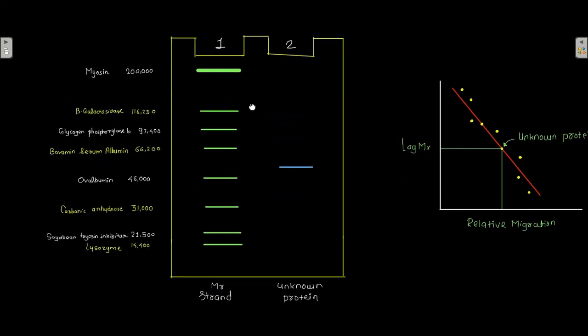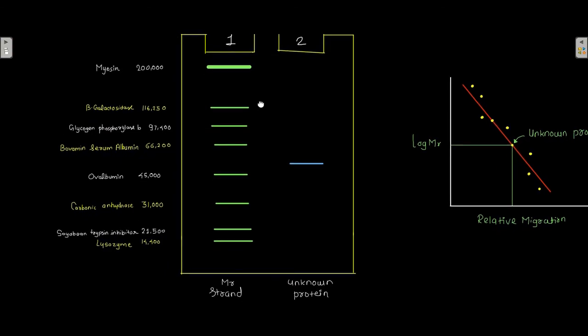Okay, this is your gel. This is the standard proteins with their molecular weights. For example, lysozyme has this molecular weight, then all of this, then beta galactosidase is there, then myosin is there. Okay, so this lane is for the highest.